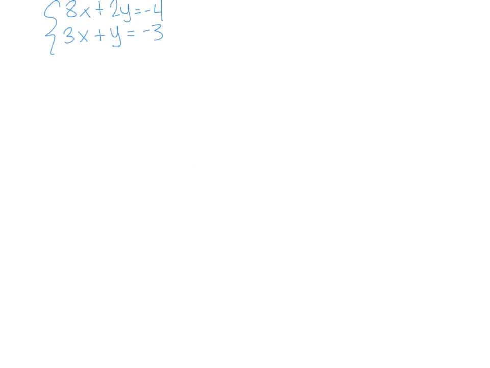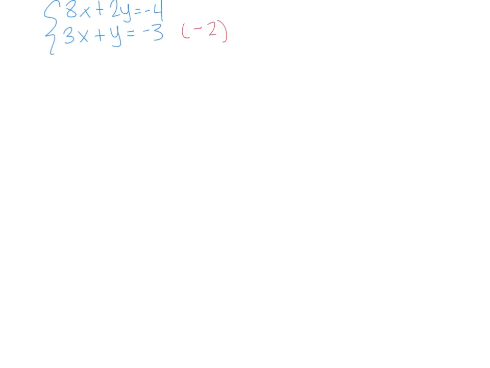Okay, now that we have our two equations, 8x plus 2y equals -4 and 3x plus y equals -3, I'm going to solve for x and y by using elimination. Personally, I think elimination is the easiest. So what I'm going to do is cancel out my y's. So I'm going to multiply that bottom equation by -2.